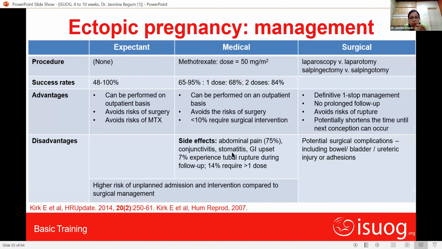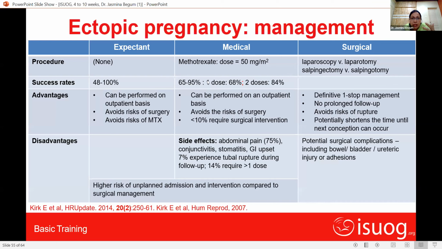So management, this is a very busy slide, so I'm not going into detail; you all will be knowing. Management of ectopic pregnancy depends upon the initial beta HCG value, the mean sac diameter, and the hemodynamic stability of the patient. When the beta HCG is less than 1500 international units per ml and the sac diameter is less than 3 centimeter, we go with expected management.